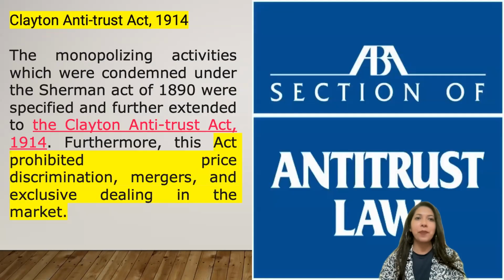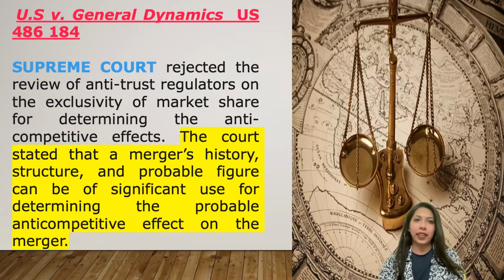The next one is the Clayton Antitrust Act of 1914, another act in the USA. This act prohibited price discrimination, mergers, and exclusive dealing in the market which caused anti-competitive practices. The monopolizing activities condemned under the Sherman Act of 1890 were specified and further extended under the Clayton Antitrust Act. There is another important case law, US versus General Dynamics.